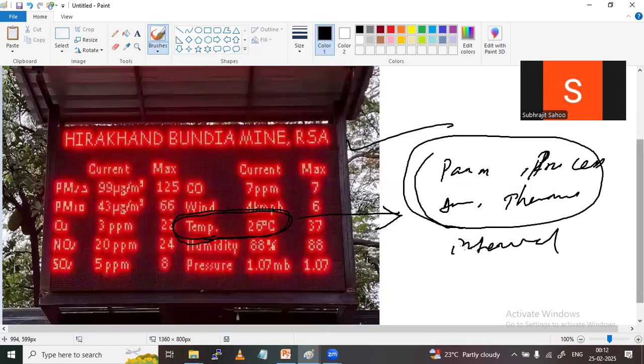Because if the temperature is not recorded and an imbalance occurs that is not in our knowledge, suppose it increases or decreases suddenly, then a big accident may happen.